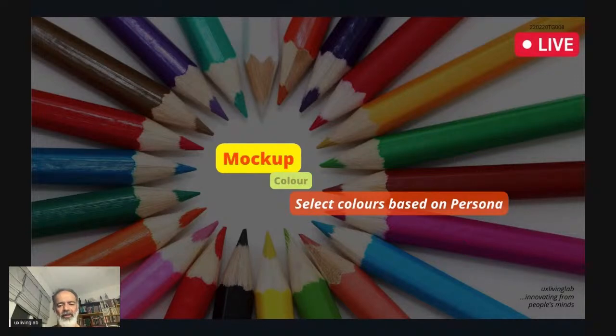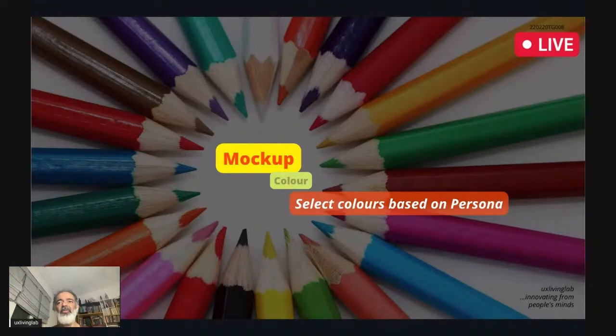In the previous presentation, as I explained, you have already defined different personas. Depending on the persona, you have to select colors. For example, for youngsters, teens, and kids, you can use vibrant colors, but for elders it is better to go for plain colors.